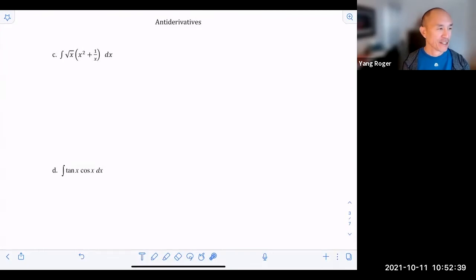How about if I told you what not to do? Don't create some fake product rule. I see two things multiplied here, but you only know how to take the antiderivative of something to the nth power, right?